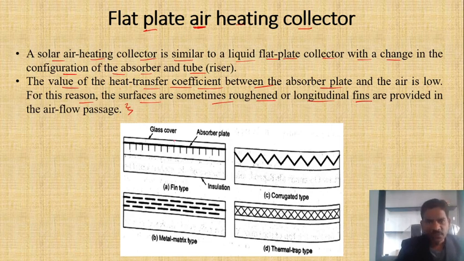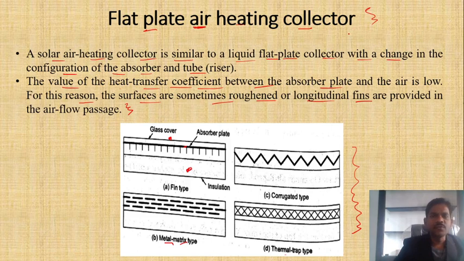For this reason the surface is sometimes rough or longitudinal fins are provided in the airflow passage, guys, right? So if you observe here, this is the glass cover, this is the absorber plate, and these are the tubes, and this is the insulation. These absorbing tubes are the corrugated type, this is the metal matrix fin type, this is the thermal trap type. So these are the various designs available in liquid type and air type flat plate collectors.